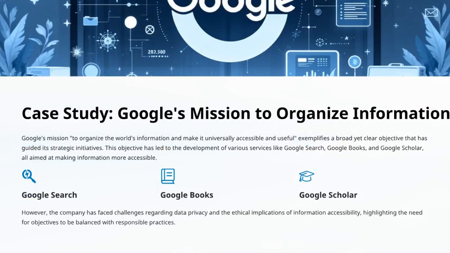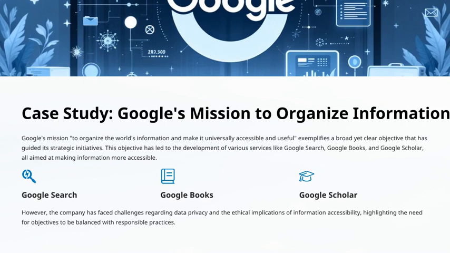Case study: Google's mission to organize information. Google's mission to organize the world's information and make it universally accessible and useful exemplifies a broad yet clear objective that has guided its strategic initiatives.